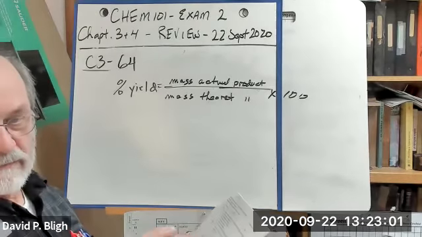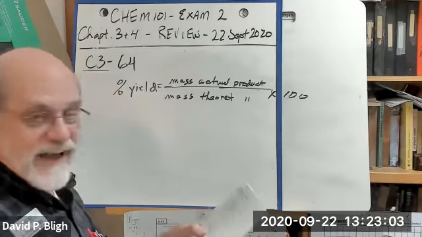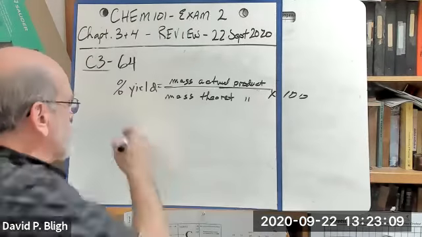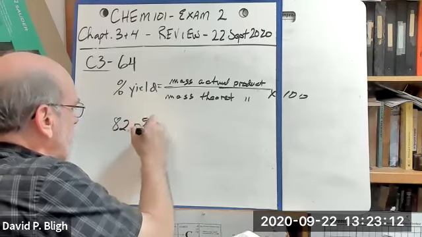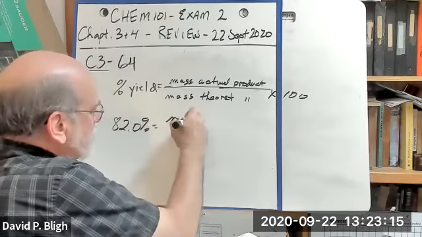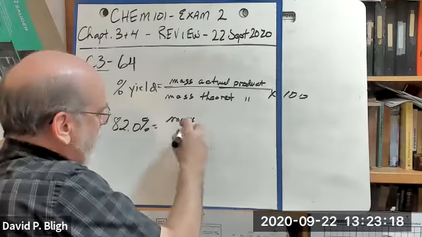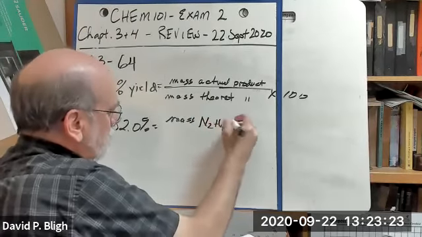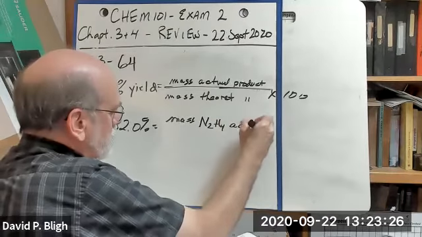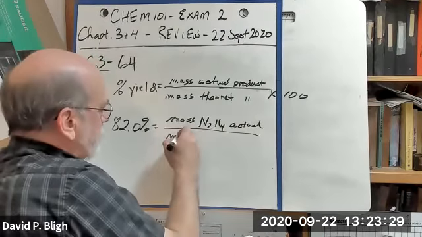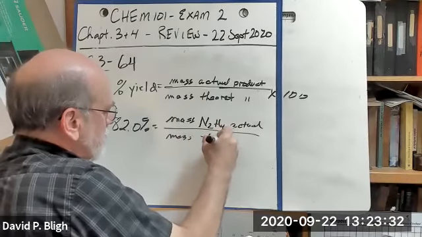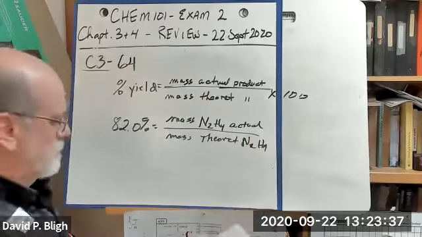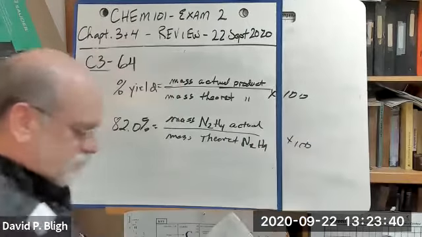There's only one product, right? So the percent yield of hydrazine, N2H4, is 82%. 82% equals mass, let's see, actual divided by mass theoretical of hydrazine times 100. Okay.